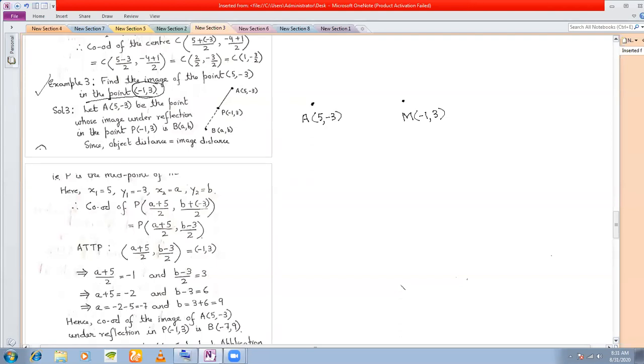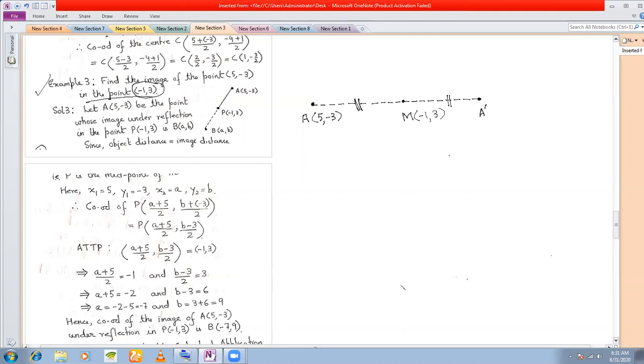We want to reflect this point A in this mirror M, the point mirror M. And I told you the reflection of this point would be such that you join these 2 points, measure this length and extend this straight line such that the distance AM must be equal to the distance here, and finally you get the image of the point, A dashed.